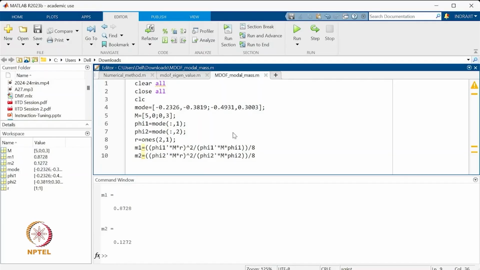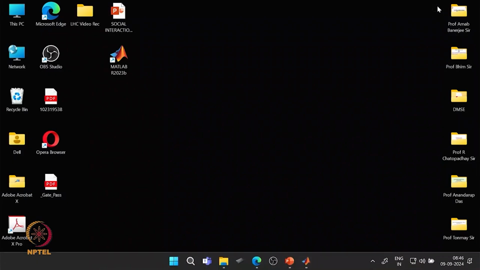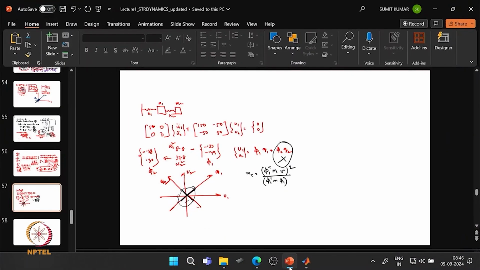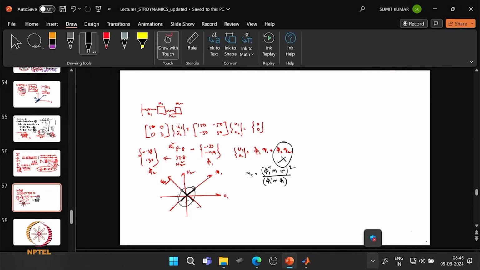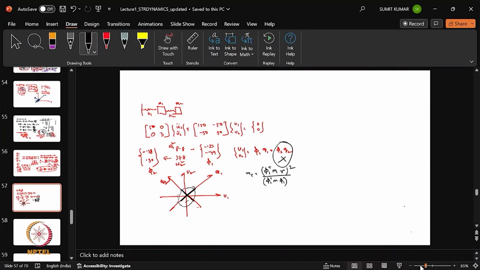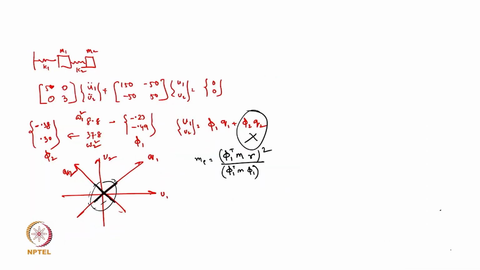So from here we identify that our first one is coming approximately equal to 87.5%, and M2 is coming approximately equal to 12.5%. Mostly like that.